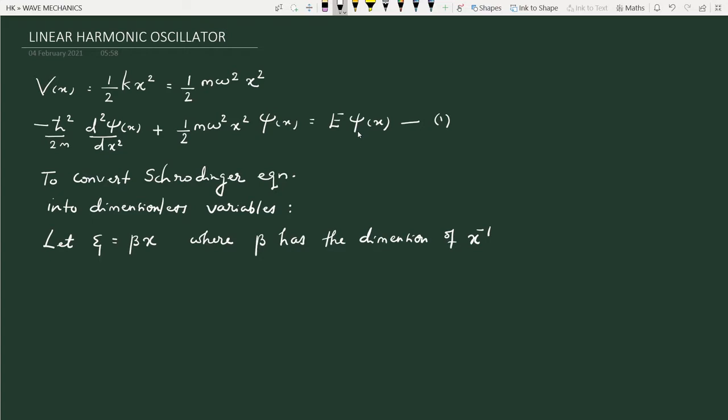So this is inverse position and this is position, so beta into x is dimensionless. What is the form of beta, that we will see.